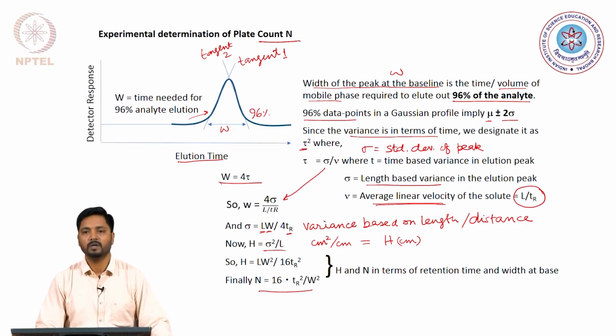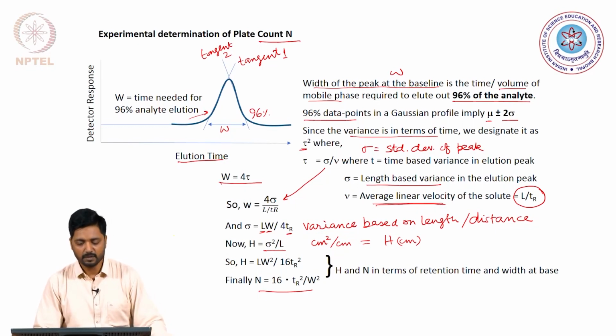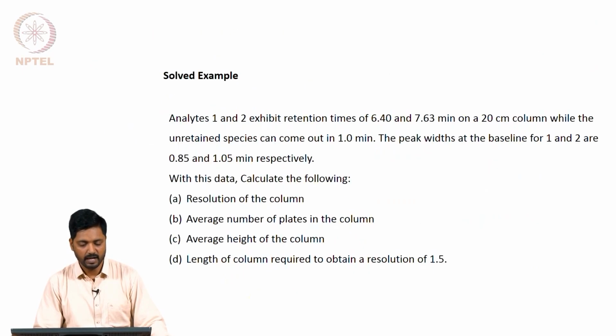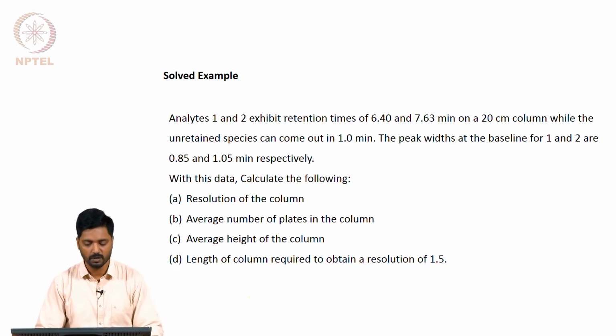Now, in the final part of this lecture, I have for you a solved example where we will be calculating the h and n values as well as the resolution of this column based on the chromatographic data that is provided.